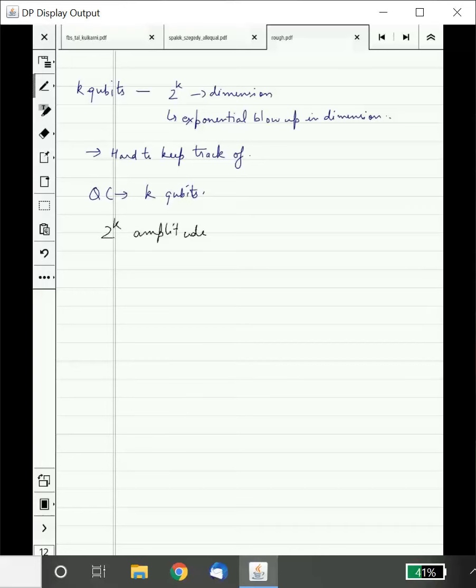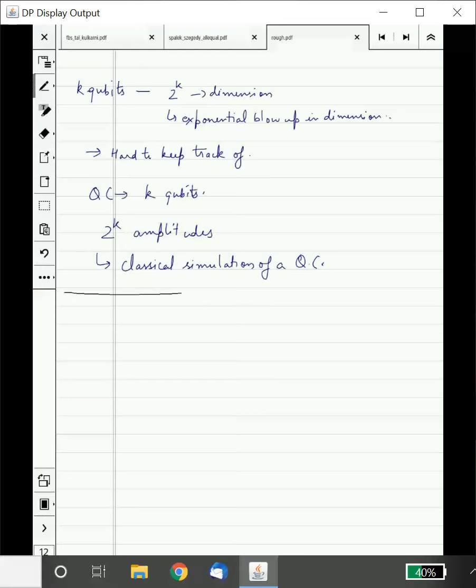This, in some sense, tells you the problem with classical simulation of a quantum computer. To simulate, you have to keep track of 2 to the power k amplitudes, which takes a lot of space and a lot of time. And that's the reason why classical simulation of a quantum computer is possible, though very, very expensive.